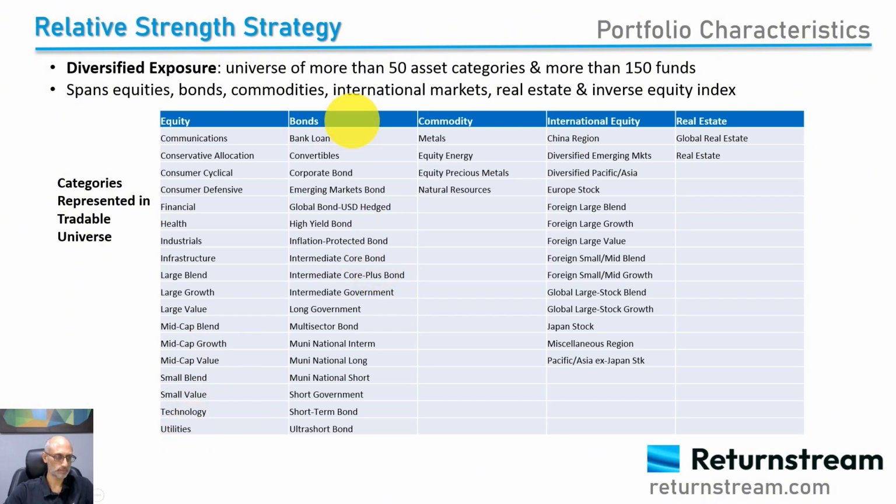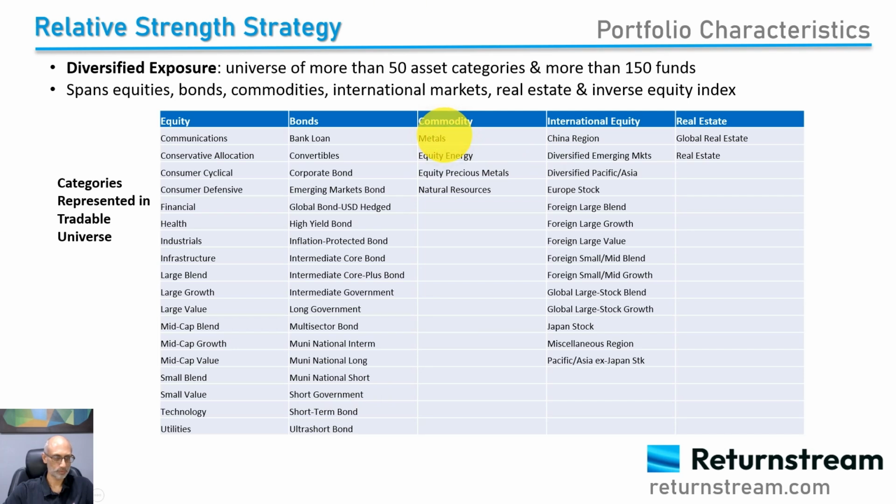The second column is bonds. Here we also have a huge assortment of fixed income instruments represented. Everything ranging from bank loans to convertibles to corporates, emerging market bonds, high yield or junk bonds, government bonds of different durations, muni bonds, and as well as some short-term instruments.